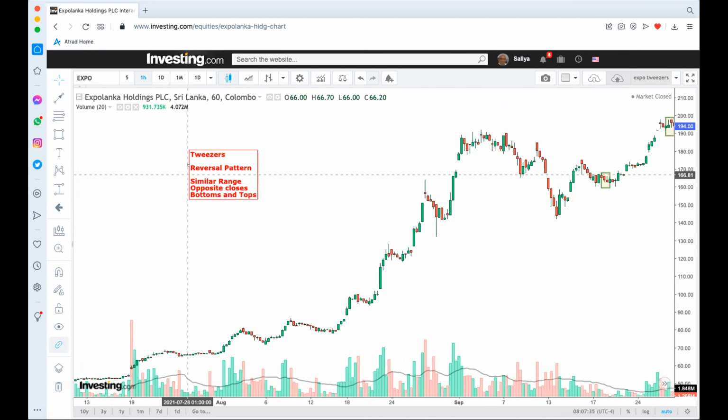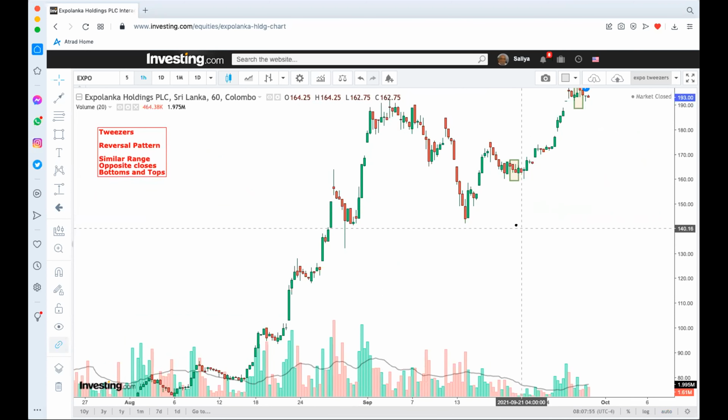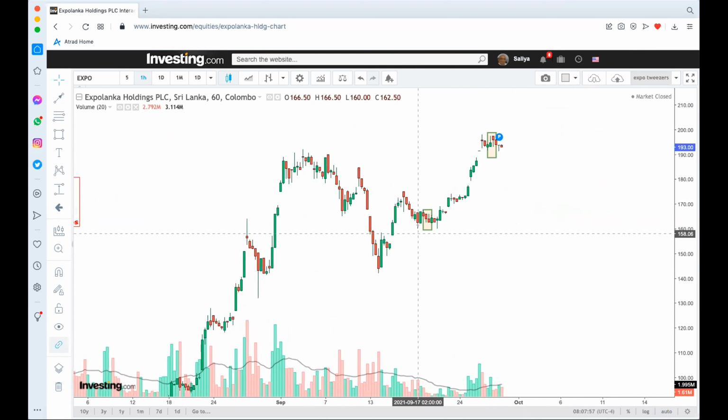Now, the important thing in the tweezer for us to understand is that the range of the two candles will be the same, as we can see here, right? If you pay close attention to these two candles, this candle, you can see the range, that is the low and the high, is 162.50 to 166 rupees.